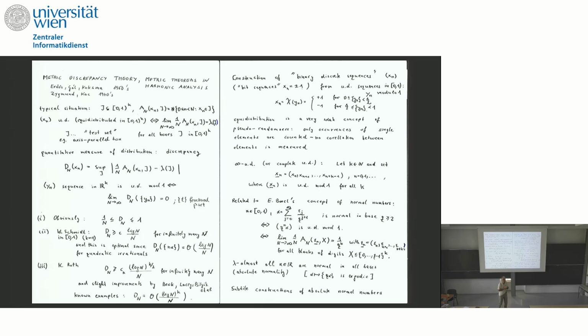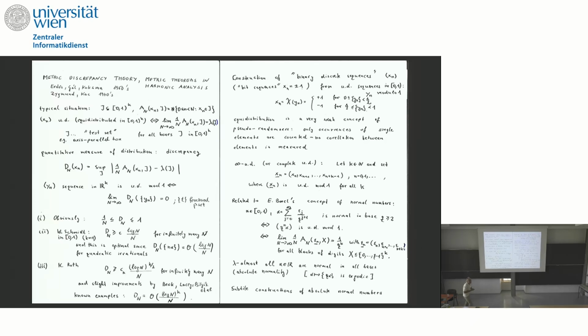In the whole lecture, I will be interested in quantitative aspects of uniform distribution, and my measure for studying these quantitative aspects is the discrepancy. There are many notions. Of course, you can take any norm to measure this difference between the counting measure and the Lebesgue measure, but I take the supremum norm over all these test sets.